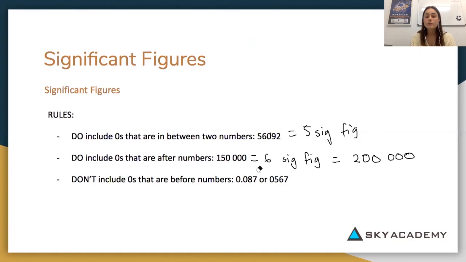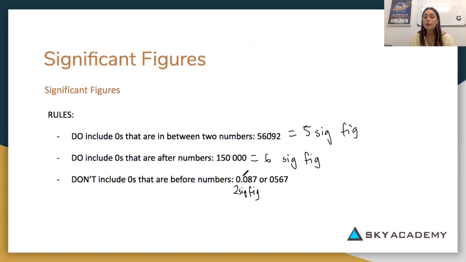However, we do not include zeros that are before any numbers. So for example, we do not include that 0 as a significant figure, and we do not include that 0 as a significant figure. So this number, 0.087, would only have 2 sig figs, 8 and 7, because we do not count zeros that are before the numbers.